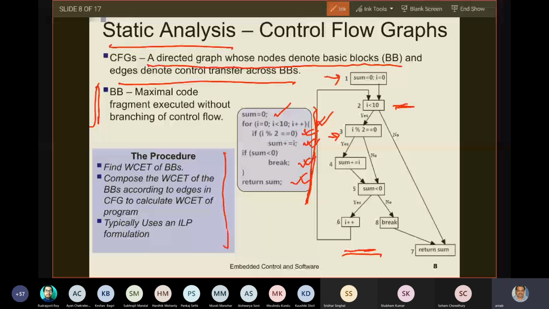Then you compose the worst case execution times of basic blocks according to edges in the CFG and calculate the worst case execution time of the entire program using this. And how do you do this? Using an ILP. So this ILP we will study and finish off in the next 15 minutes or so, and that's all I will say.